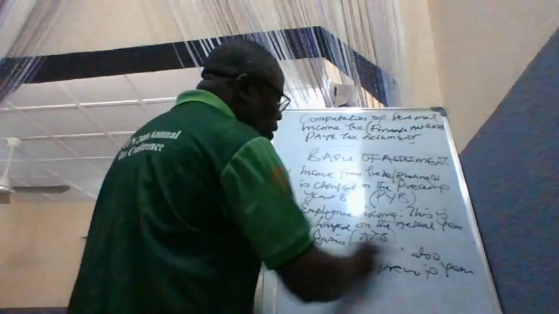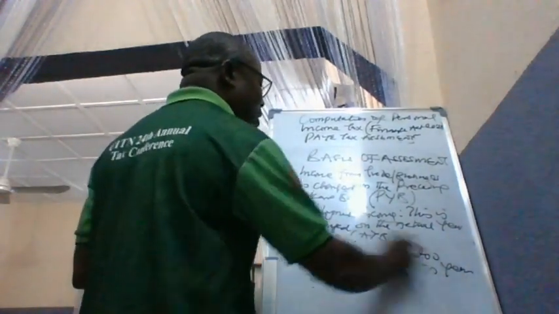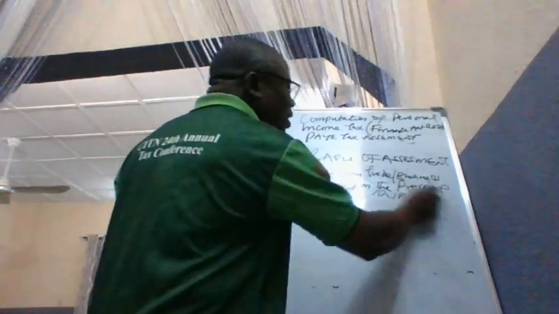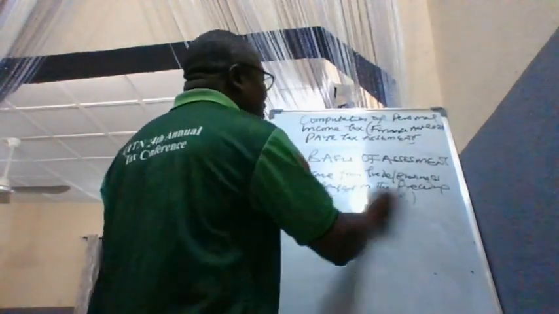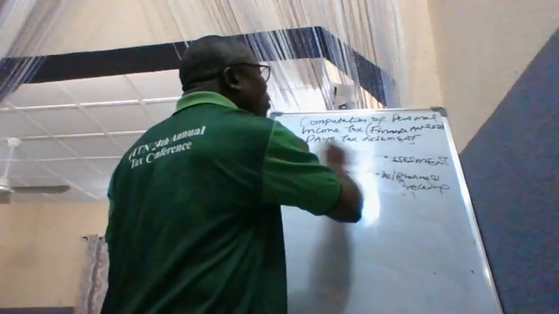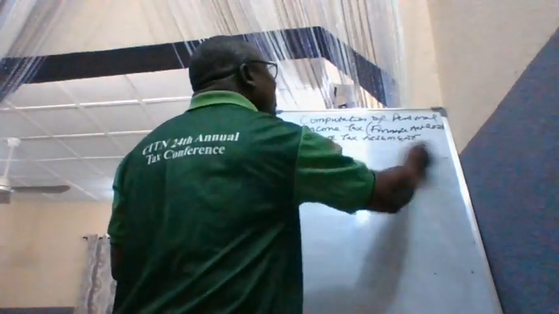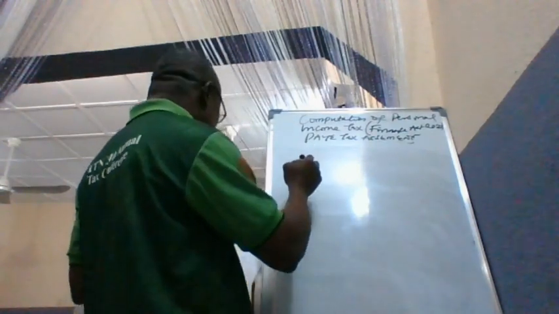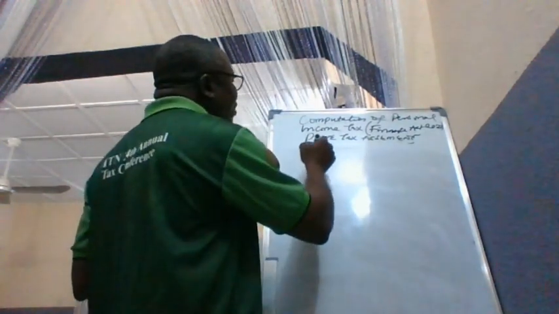Let's move on. We want to look at tax exempted deductions. What are those things that need to be deducted or exempted from the computation of the personal income tax?